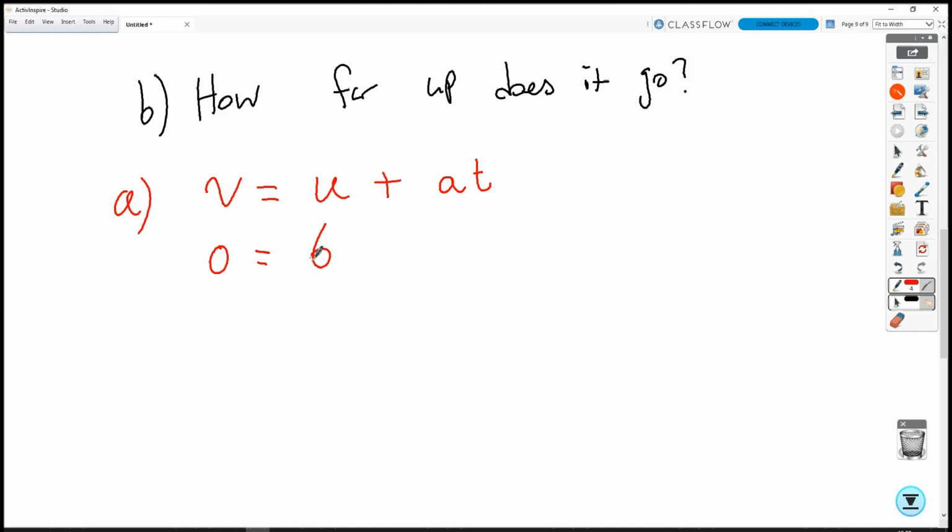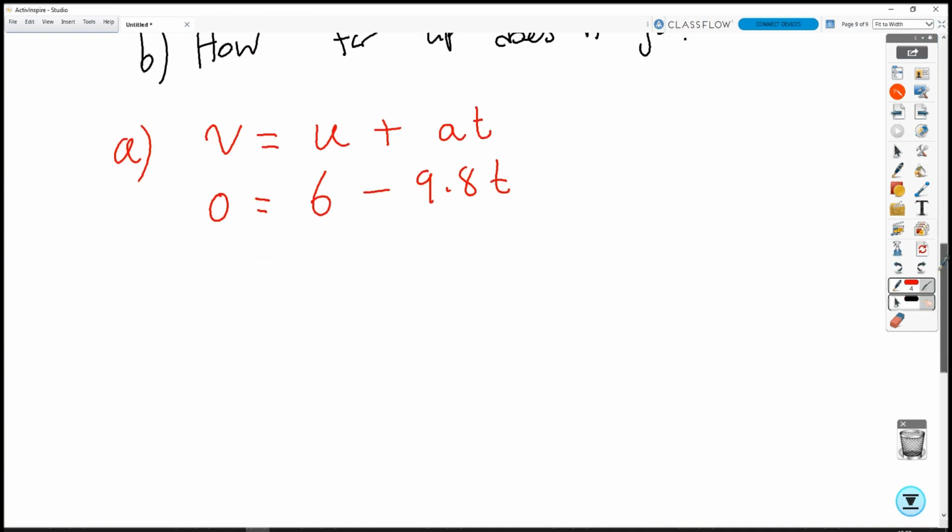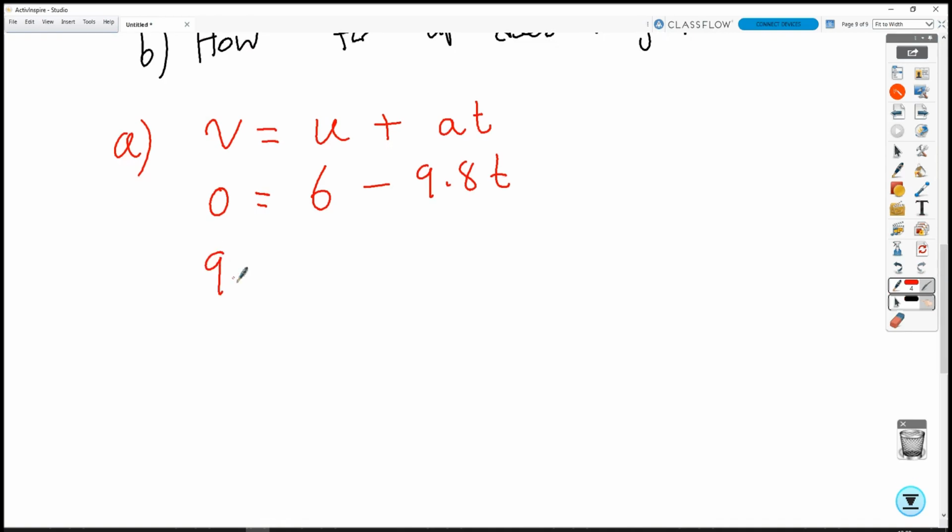So up is always positive, down is always negative. So for a, it's going to be minus 9.8 t. And then we rearrange. So we've got 9.8t is equal to 6. So t is equal to 6 over 9.8.